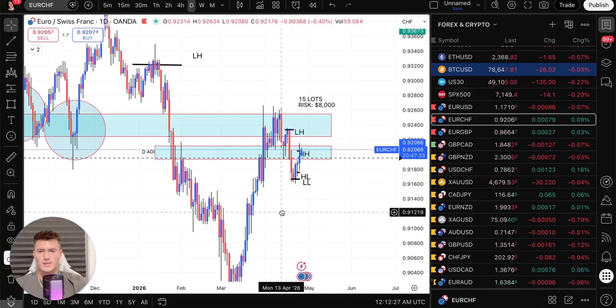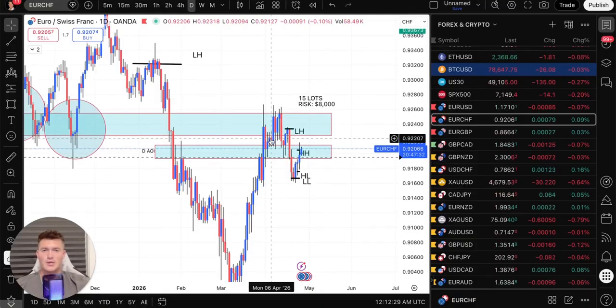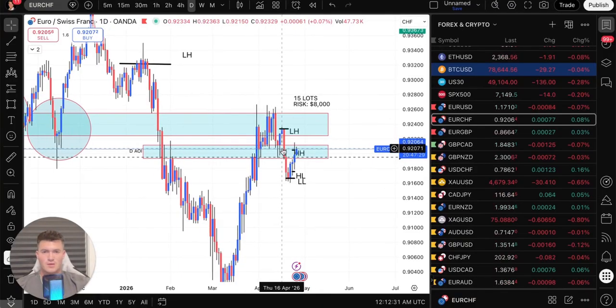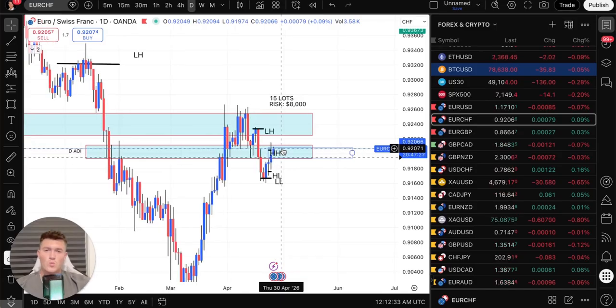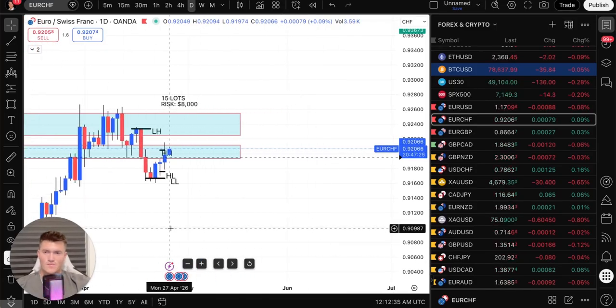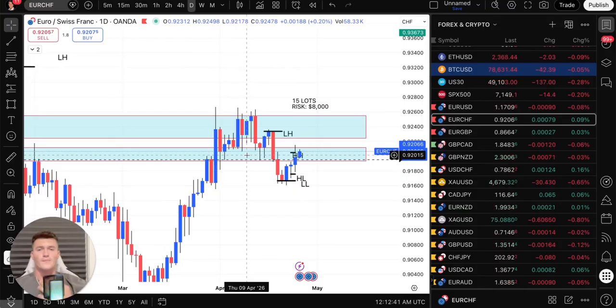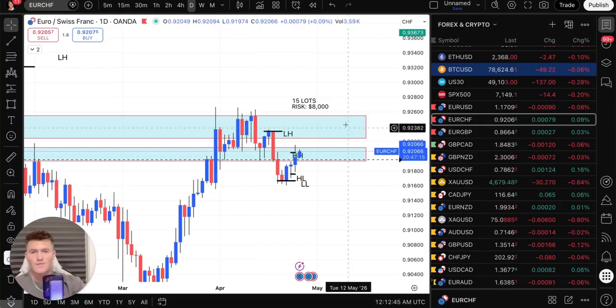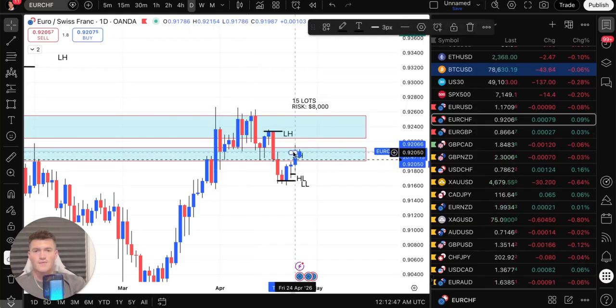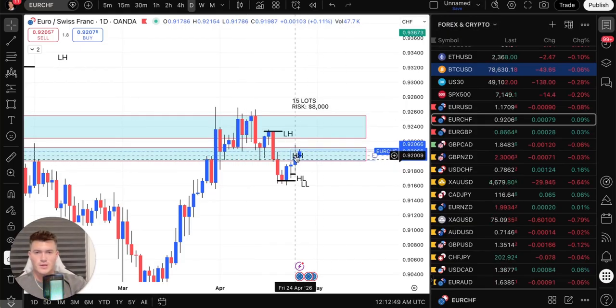So we've got our weekly and now our daily area of interest. Okay, I'm going to be waiting for price to give me some rejection at this area. Because I've seen head and shoulder patterns before. I'm familiar with them. I'm experienced with them. I'm going to wait and see if we get any type of rejection from this area.